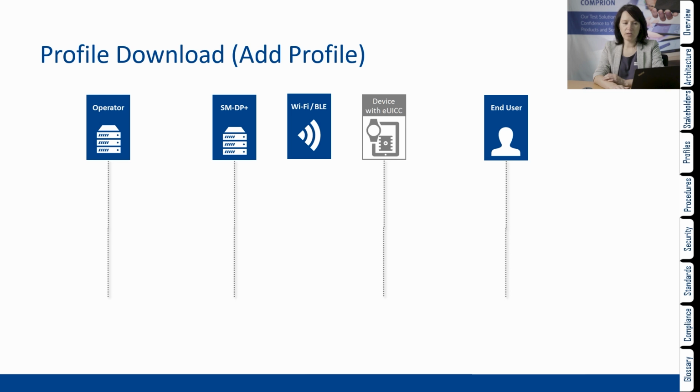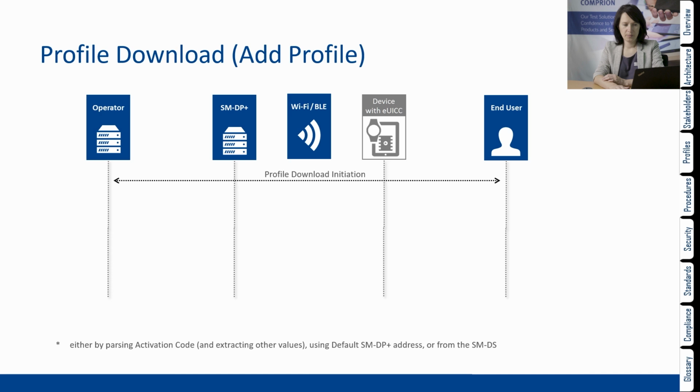Then the device with the EUICC is involved and the end user. And we assume that the profile download initiation procedure has already started. The SM-DP+ address was already received, either by activation code, using the default SM-DP+ address, or from the SM-DS.